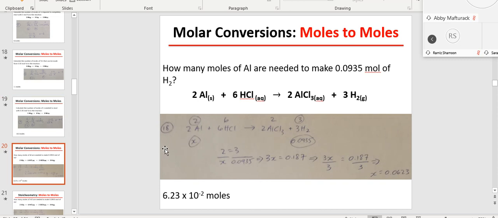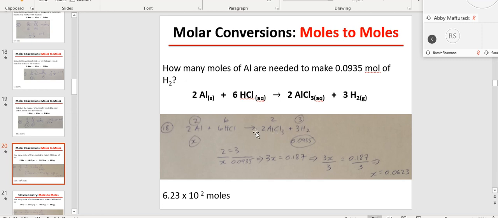How many moles of aluminum are needed to make 0.0935 moles of hydrogen? So, you've got your chemical equation, you write it all out, you do your molar ratio every single time. Now, are you going to use, there's 1 banana, 2 banana, 3 banana, 4. You're not going to use them all, right?